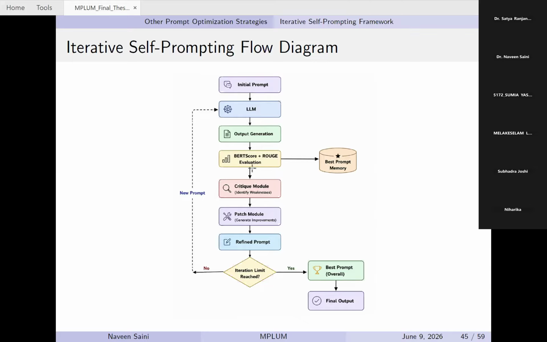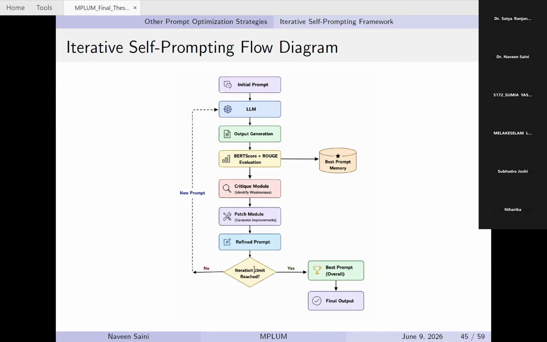Now identify the weakness of this summary generated, based on the BERT score or ROUGE score, and provide the new prompt. So this critic module will identify the weakness, and this patch module will improve the prompt based on the weakness. Now we have the refined prompt.